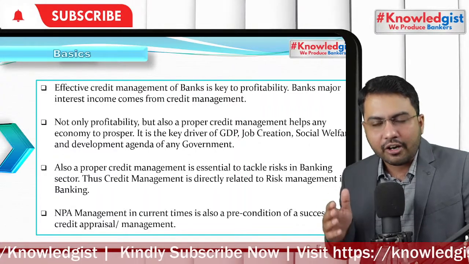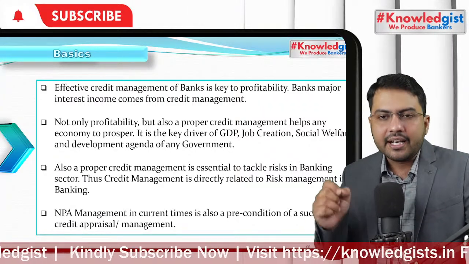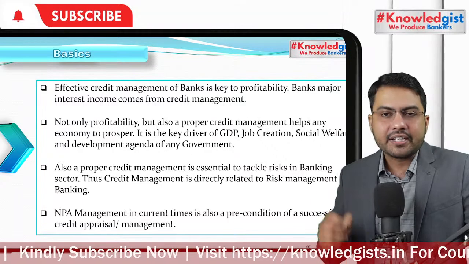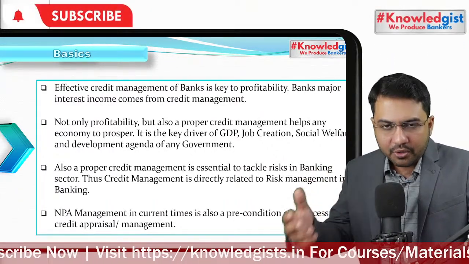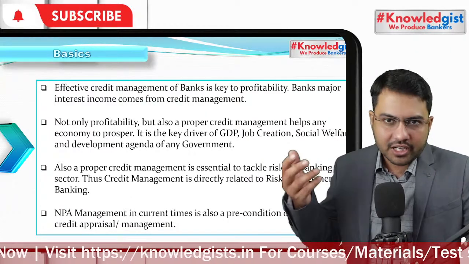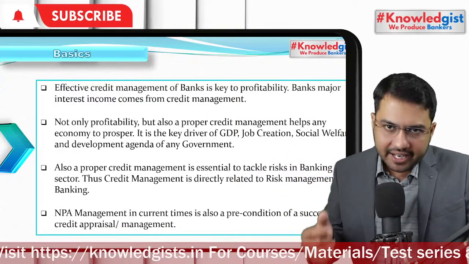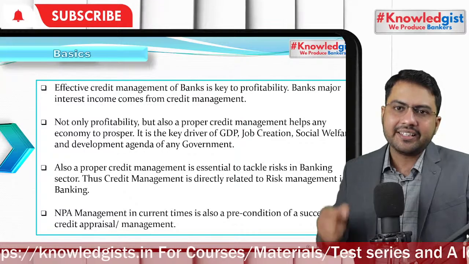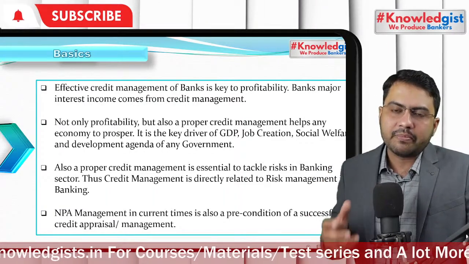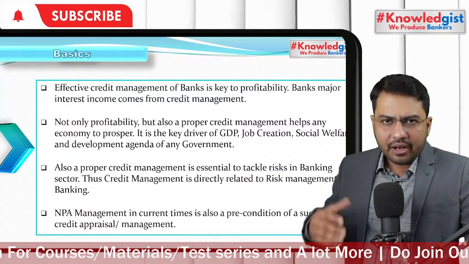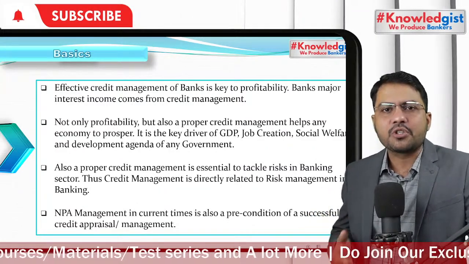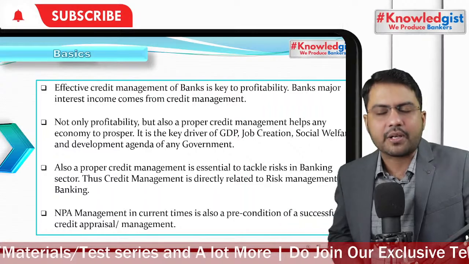Now, even though there are other avenues to earn money, like third party business, like the treasury department, which is doing your back office job and investment, merchant banking roles they are playing, they are generating profit, but still a major chunk of bank's business comes from credit management. And an effective credit flow leads to a prosperous nation, a prosperous economy.